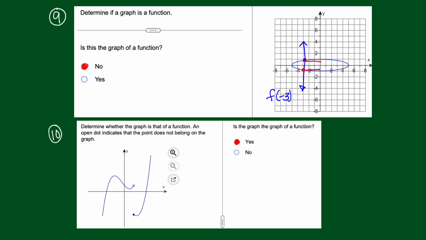If the curve came back on itself horizontally, then it's not a function, because then you would get the vertical line crossing in more than one point. But as long as you're going in one direction, I'm always moving to the right, it's going to be a function.